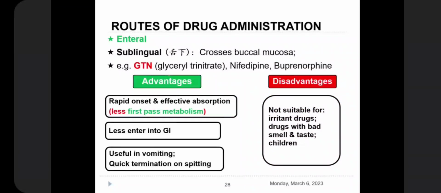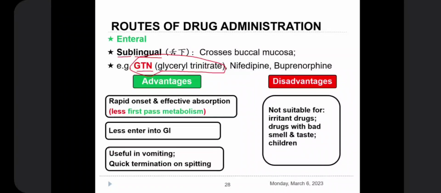Okay, the next enteral route is sublingual. Sublingual means we give a drug under the tongue. A very common example of a drug given sublingually is GTN, glyceryl trinitrate. When we give a drug by oral administration, most of it will be destroyed by the stomach and the intestine, and only a very small concentration enters the circulation.